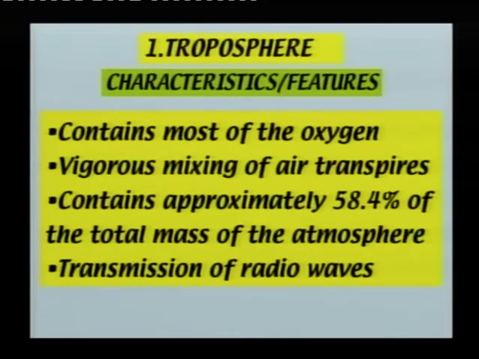Within this particular zone, there is a vigorous mixing of air that actually transpires, as a characteristic feature of the troposphere. We also had someone who mentioned that this is the layer that contains approximately 58.4% of the total mass of the atmosphere, and that is definitely correct.